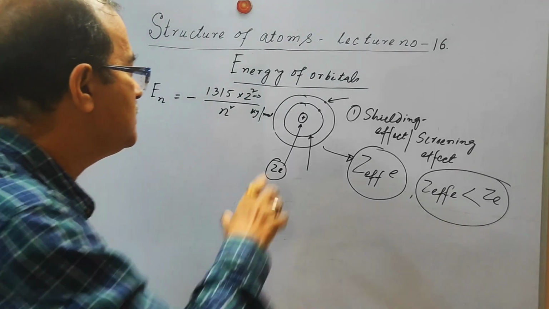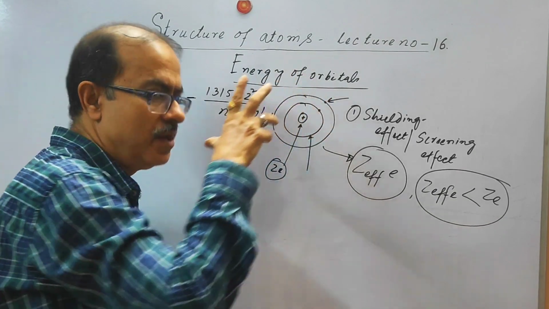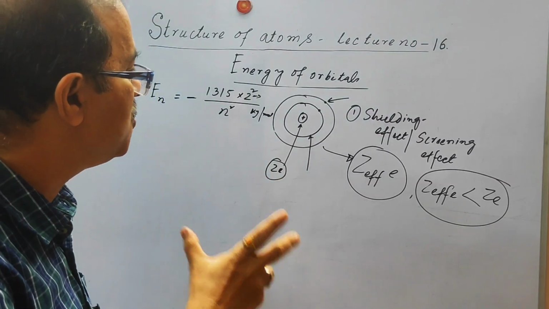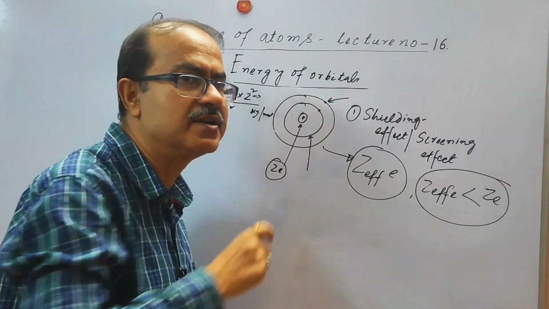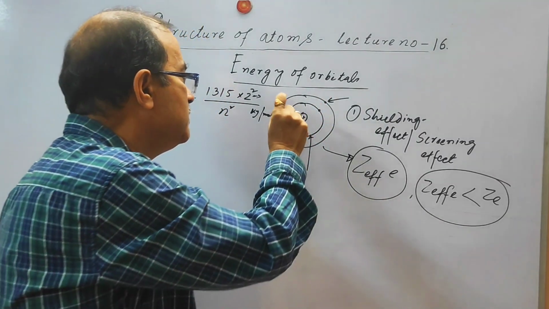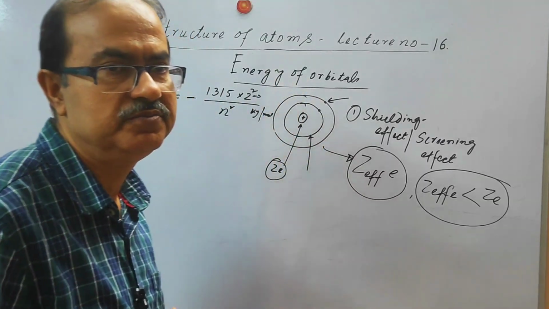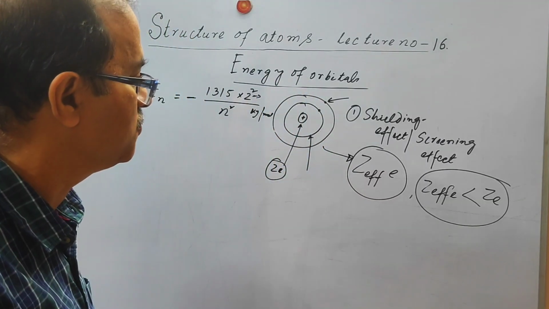So this electron will have higher energy because there is a lesser attractive force between the nucleus and this outside shell electron.